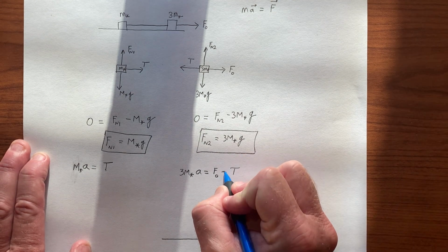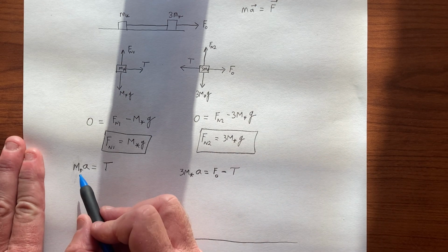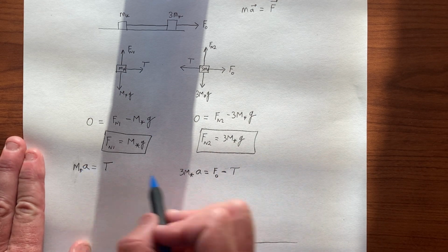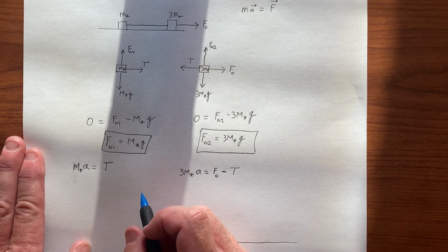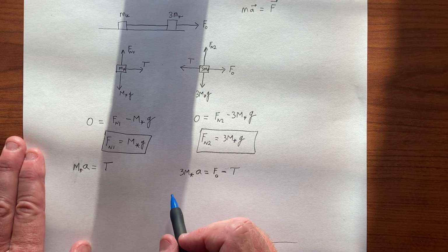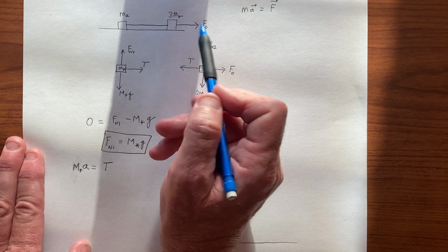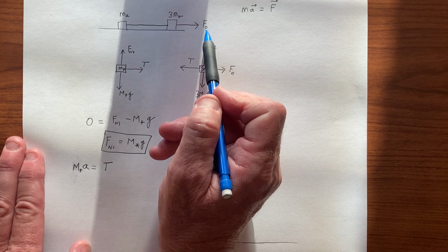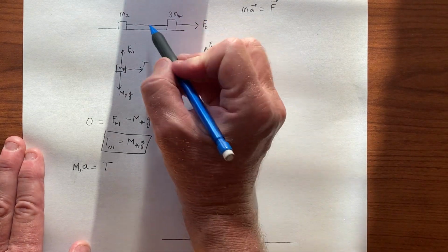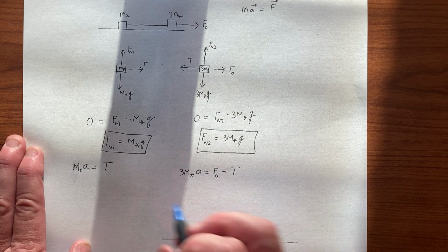So we have a negative T here, and so we see that we have two equations and two unknowns. We could simply add these two equations and get an equation which says that the sum of the masses times the acceleration A is equal to the net external force F naught, where the tension force is really an internal force between the two objects.